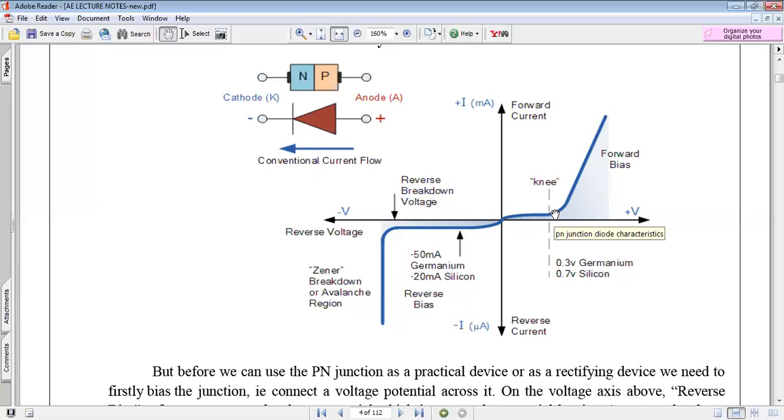It is because the majority of the charges cross the junction easily by overcoming the potential barrier formed by the depletion layer. So, this voltage at which the barrier is overcome and the conduction takes place is called knee voltage or cut-in voltage.